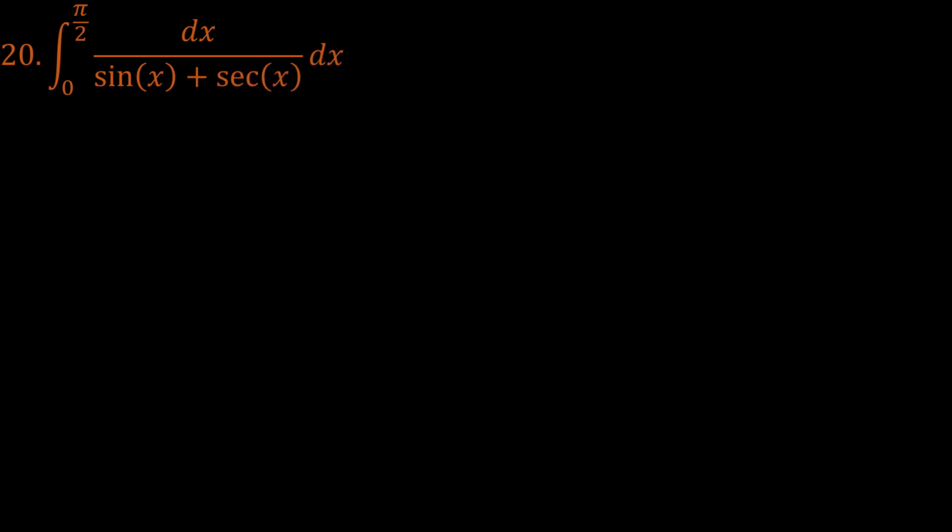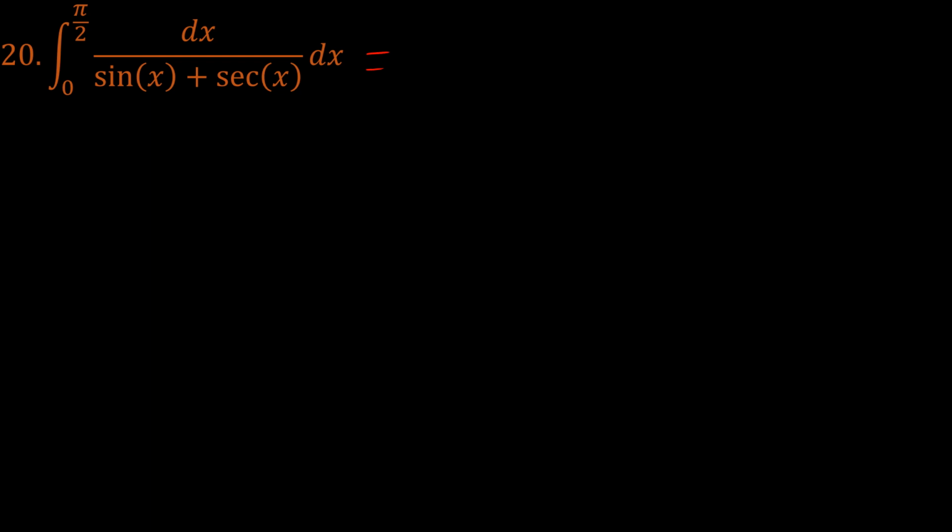So now we are jumping on to problem number 20, which is the definite integral from x equals 0 to x equals pi over 2 of 1 over sine x plus secant of x.